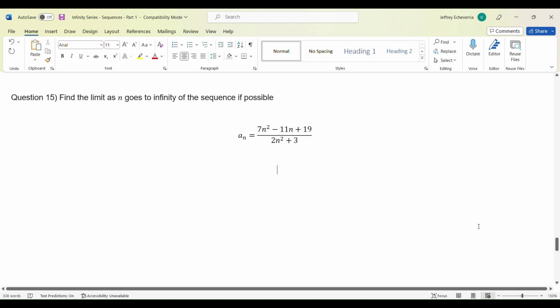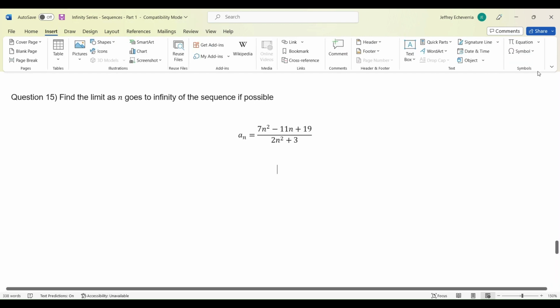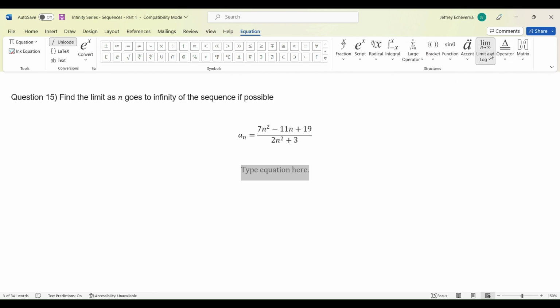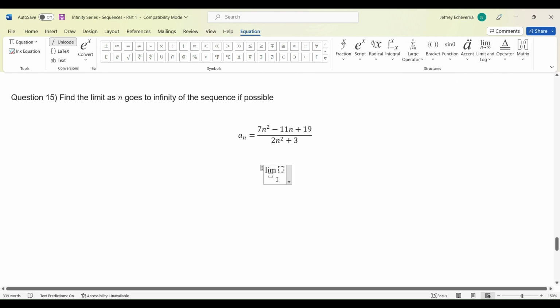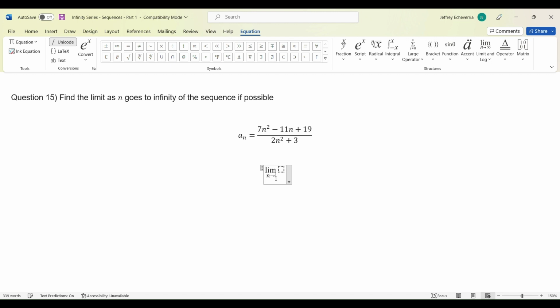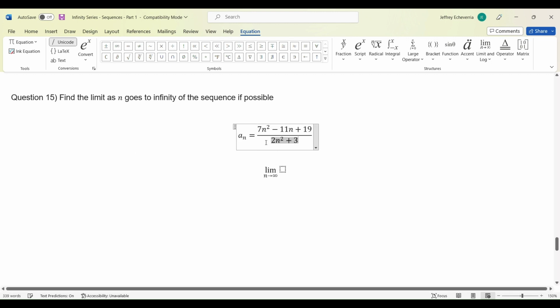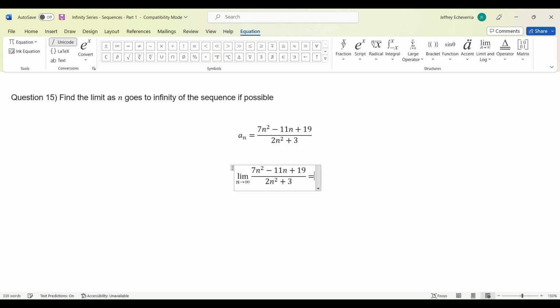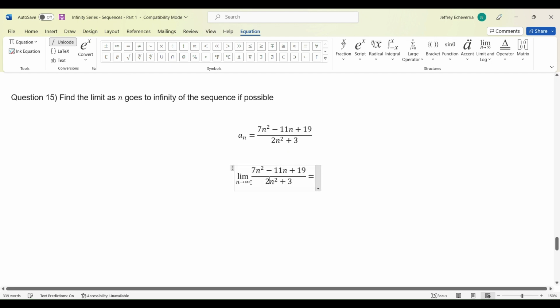For question number 15, find the limit as n goes to infinity of the sequence if possible. So let's do that. So we'll take the limit as n goes to infinity of this sequence. So let's copy.